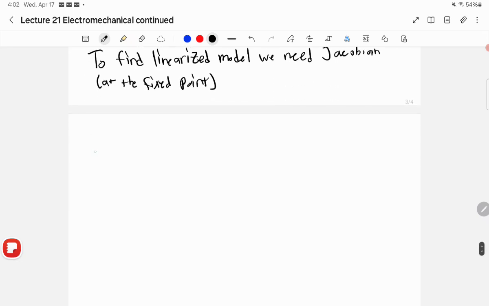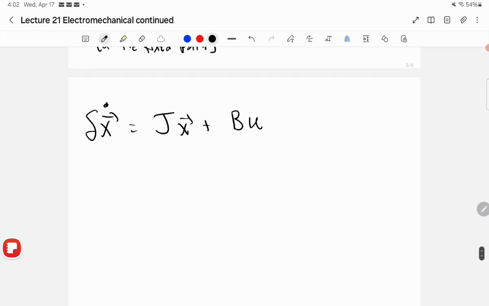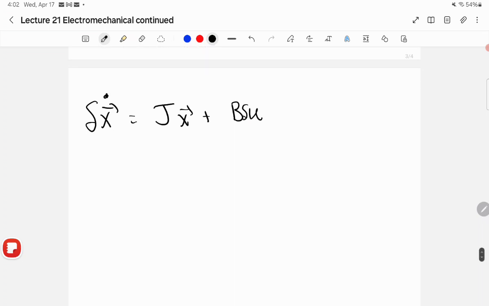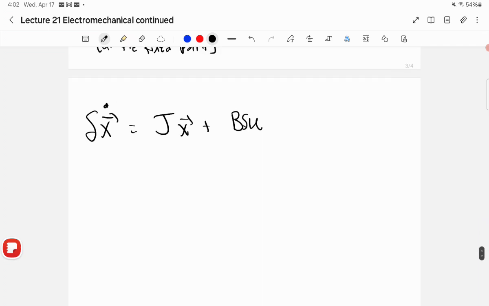So basically what we're going to find is delta x vector dot equal to J times delta x plus, in this case, really just some matrix B times delta u, where B will be a vector, but delta u is not.